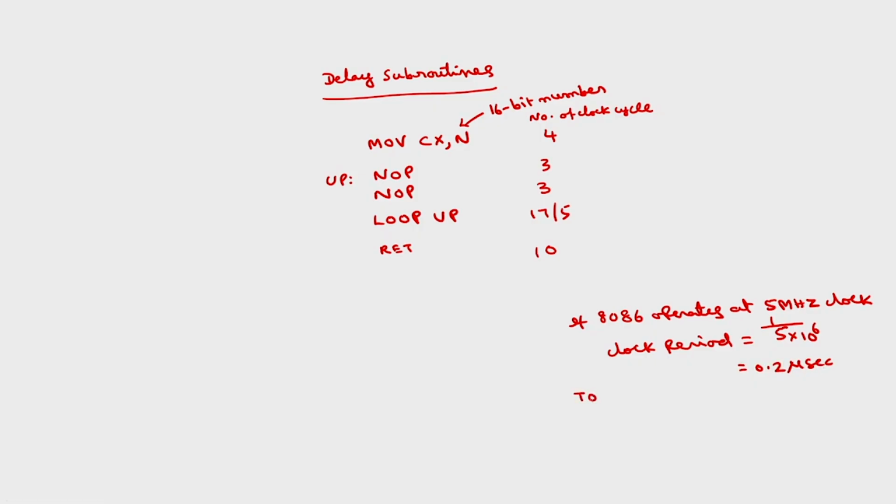To get a delay of 1000 microseconds, how many clock cycles are required?